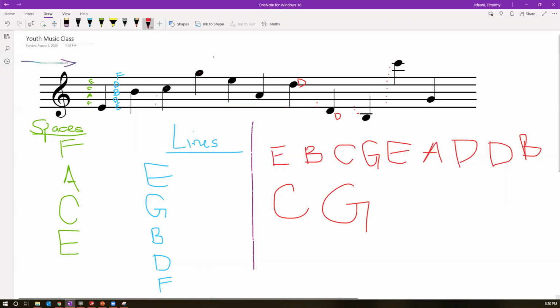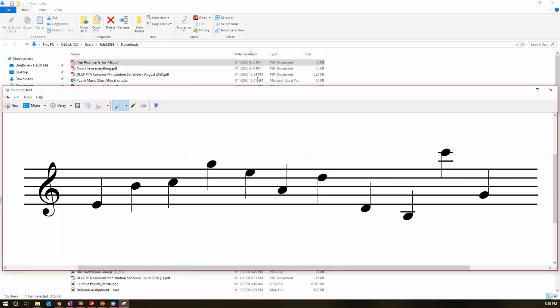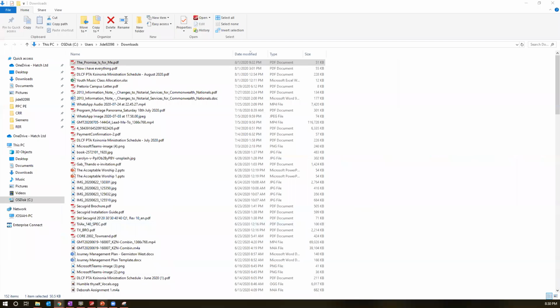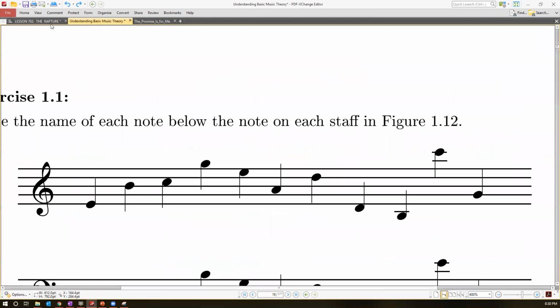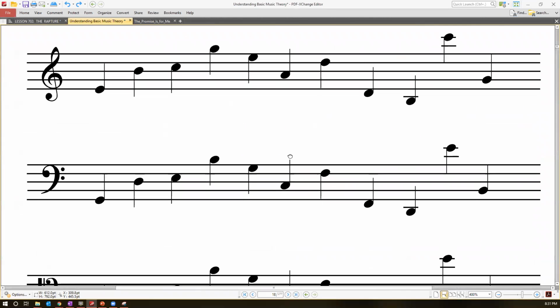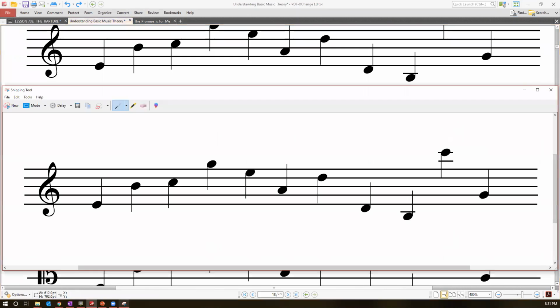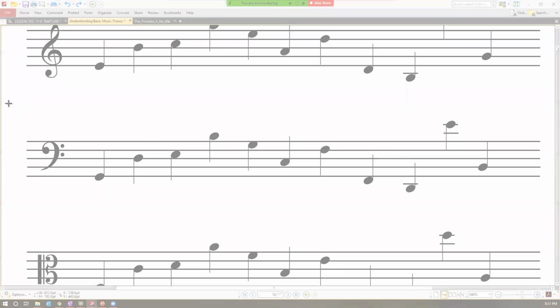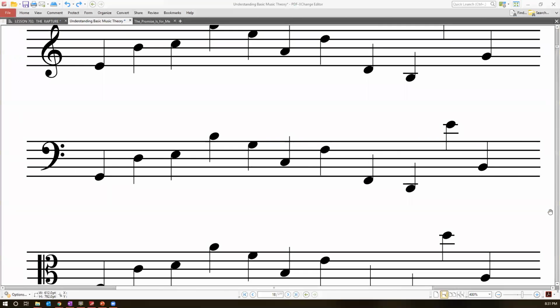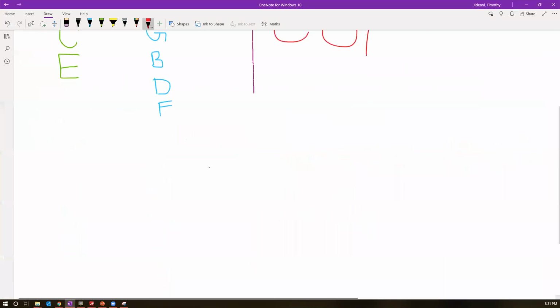Okay, before the time goes, let's go to another exercise now that we're familiar with this. We are going to go to the next exercise, that one. This is our next exercise. Let us identify the notes on this one, so that we're not confused.